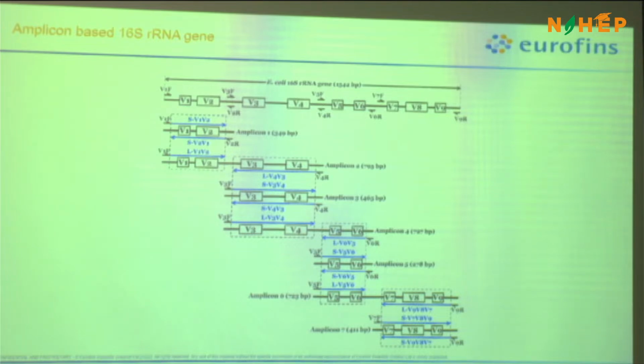But there is long read technology, which is nanopore or PacBio, which can sequence the entire 16S gene. So what is the difference between a short read and a long read? With short read sequencing, we have to have an overlapping region in the amplicon so that when we do analysis, we can stitch the reads together.